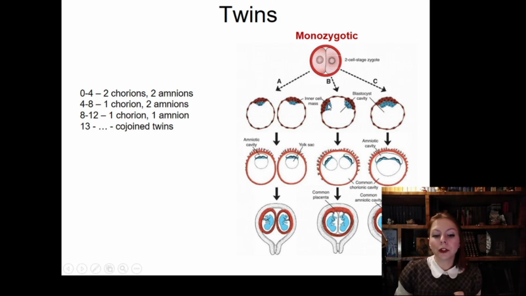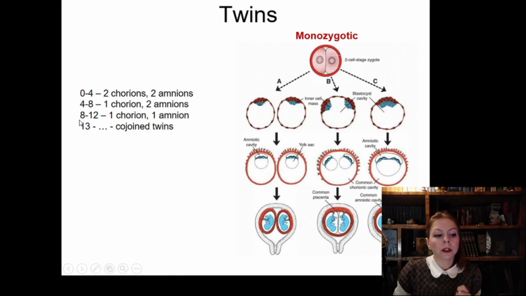In case a fission occurred between the 4th and 8th days of development, then two distinct inner cell masses were formed, and in this case there is a common chorion but two different amnions. As you can see, in the single chorion, single placenta, two different amnions are there.